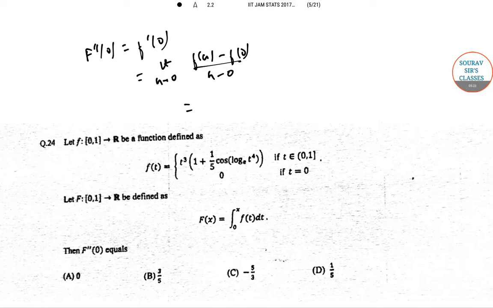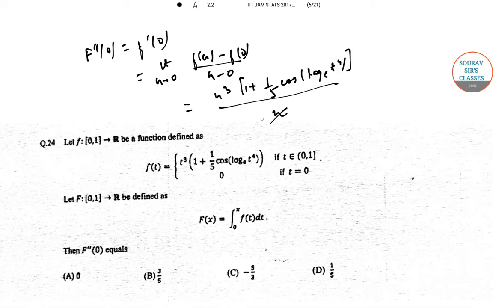Now f(0) would be 0 since 0 cube is 0, and you get h cube (1 plus 1 by 5 cos(log e h)) to the power 4 by h.